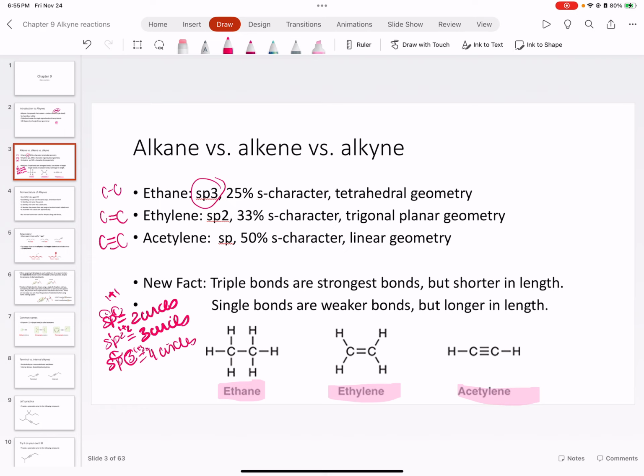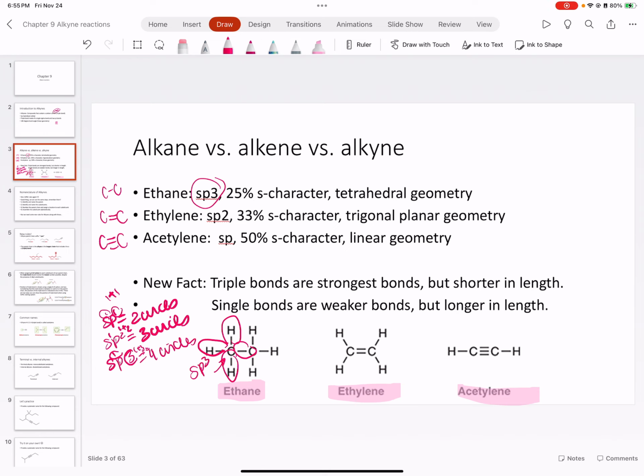So sp hybridization focuses on the atom that we're looking at. In that case, we're just focusing on this carbon right here. We're looking at the number of separate bonds or lone pairs, so I have 1, 2, 3, 4. I have 4 circles, so I have sp3.